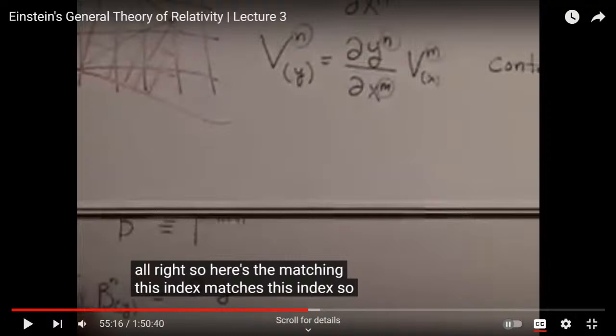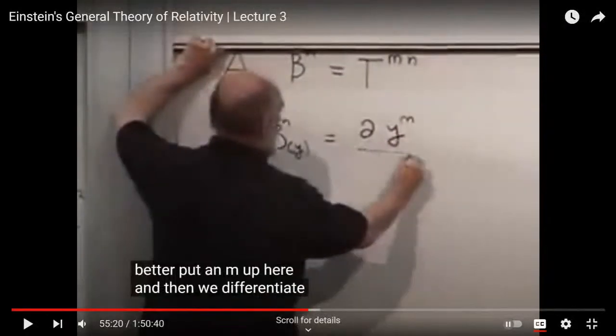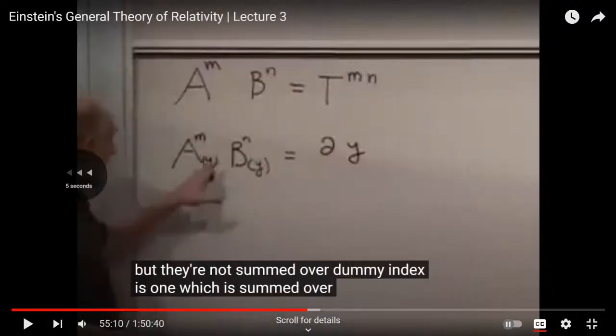Or we can express it as vector components in another space, from Y to X. So we better put an M up here. Okay, so we're trying to convert. What are we converting? I think he's starting with A.